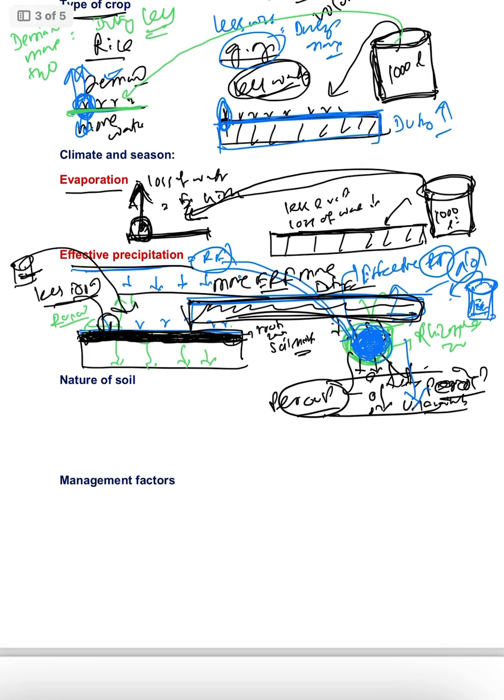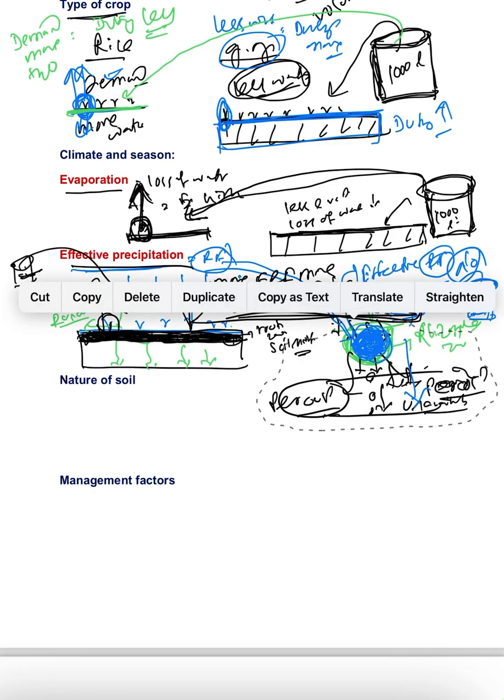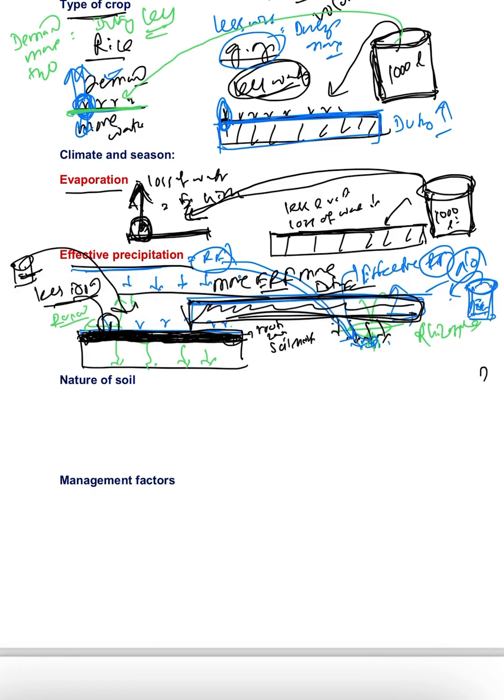Then next, coming to nature of soil. This is the same concept. Suppose there are two types of soil, clay soil and sandy soil.